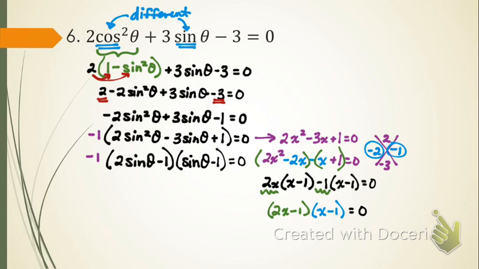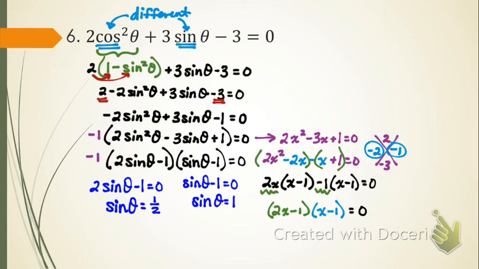I'm going to take each of my factors and set them equal to 0. So 2 sine theta minus 1 equals 0, which means sine theta would be equal to what? 1/2. Sine theta minus 1 equals 0, so sine theta is equal to 1.